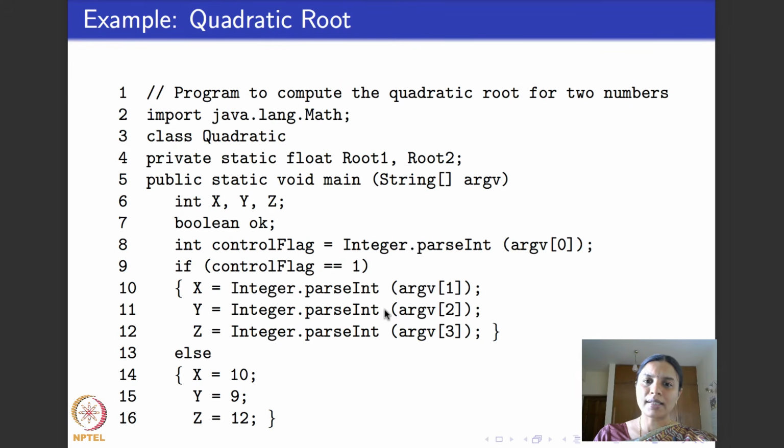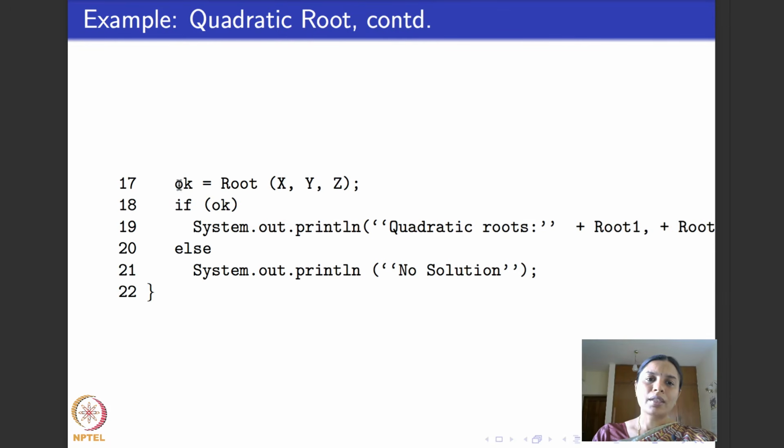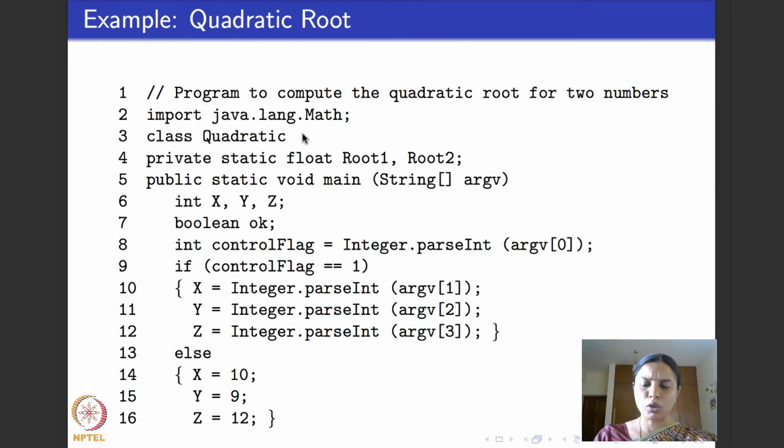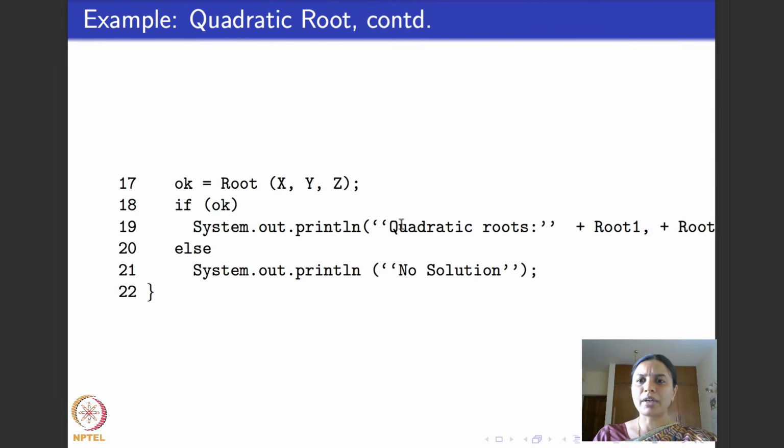Suppose I don't pass them as normal integer coefficients, then you just assign some default values. In this case, we've done 10, 9 and 12. And then you call this method called root with these as parameters x, y and z. So root is the main method of this class quadratic that computes the quadratic root.